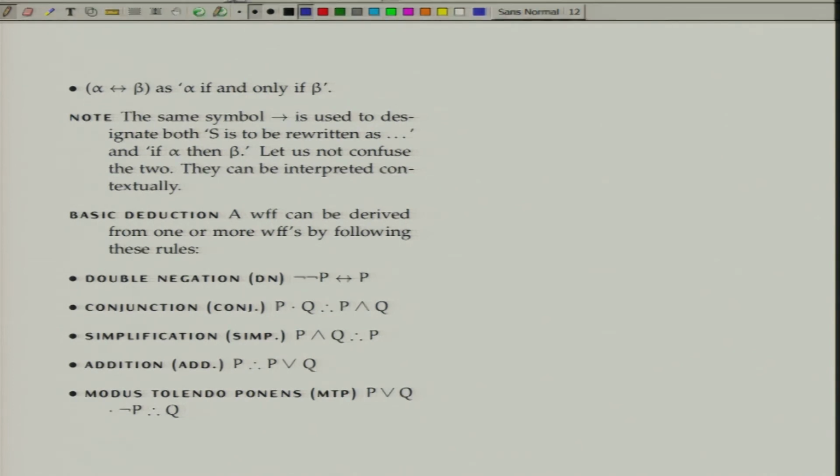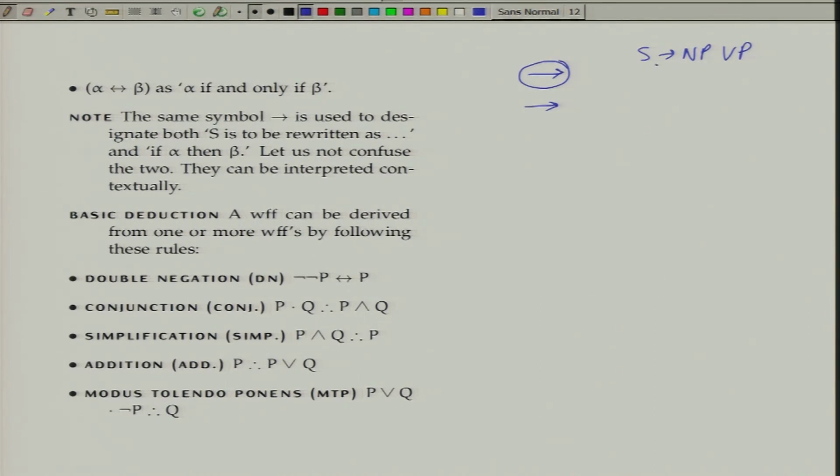One very important thing, we should not confuse the rewriting sign right arrow and if-then right arrow. Although they're the same symbol, they mean different things, and we need to understand this contextually. For example, when we write S goes to NP VP, we understand that it is not that S implies.